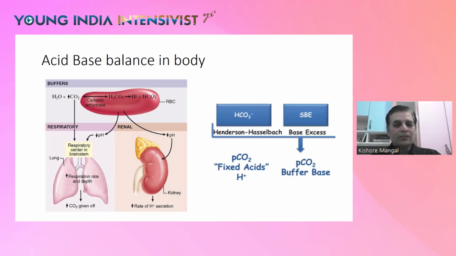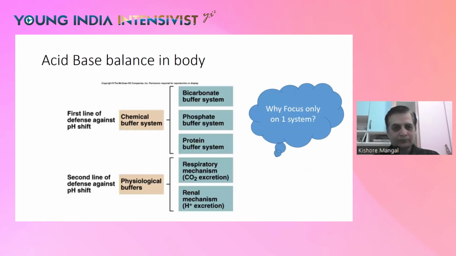Based on these, we have our traditional approaches, Henderson-Hasselbalch and Siggaard-Andersen's base excess approach, and both approaches are basically based on CO2, bicarbonate and H plus ions with fixed acids and buffer base. But we know that this is not the only buffer. The chemical buffer system also includes phosphates and proteins.